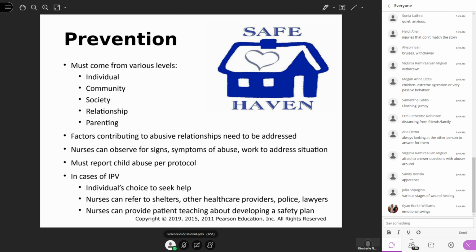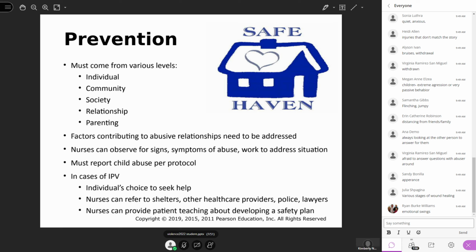There's one, I believe, right across where you guys park at the Waterbury Hospital in the back there. I believe there's a shelter there for women. And it's important that we talk to the patient, male, female, whoever it might be that's being abused, about developing or coming up with a safety plan.